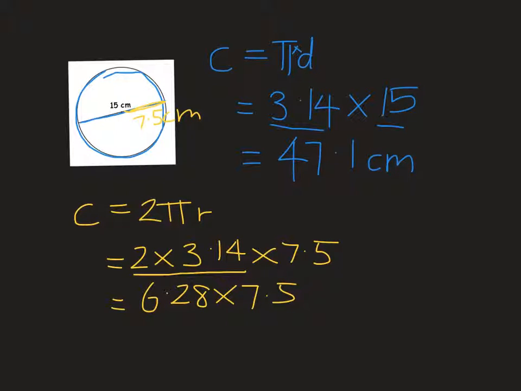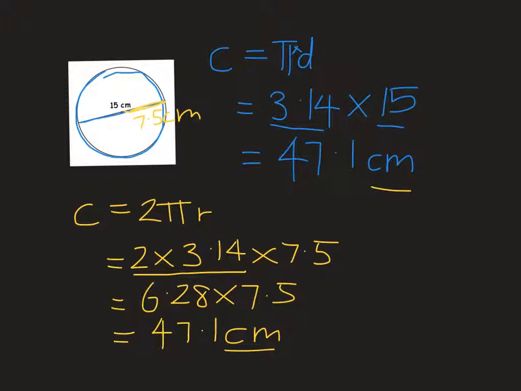All I did there was do 2 times pi, or 2 times 3.14, which gave me 6.28. You can see that I'm given a decimal multiplication problem. Again, very realistic, you can work this out with paper, but I'm happy for these ones to be done on a calculator. 6.28 times 7.5 is equal to, funnily enough, 47.1, and that is centimeters. Again, being a measure of distance, it is of utmost importance that you are writing your units.